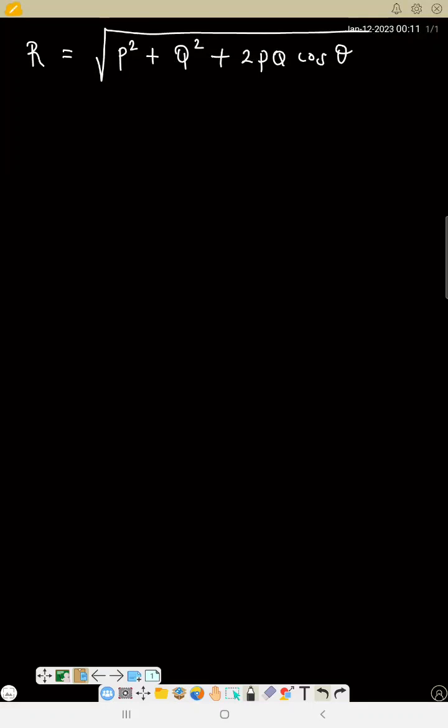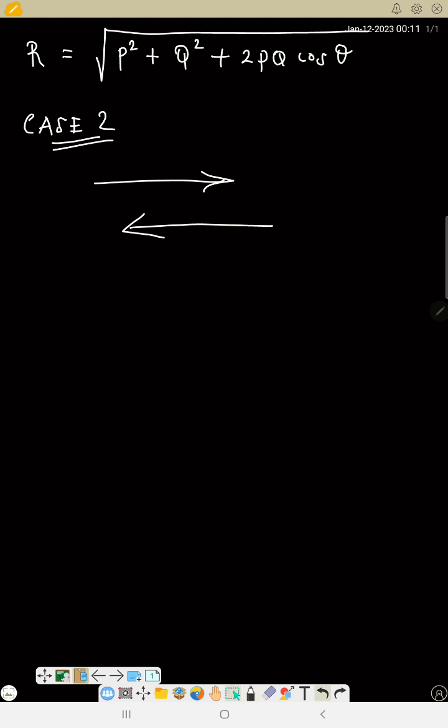Definition: if two vectors are parallel, case 2. If two vectors are parallel and act in opposite direction to each other, then what will happen here?